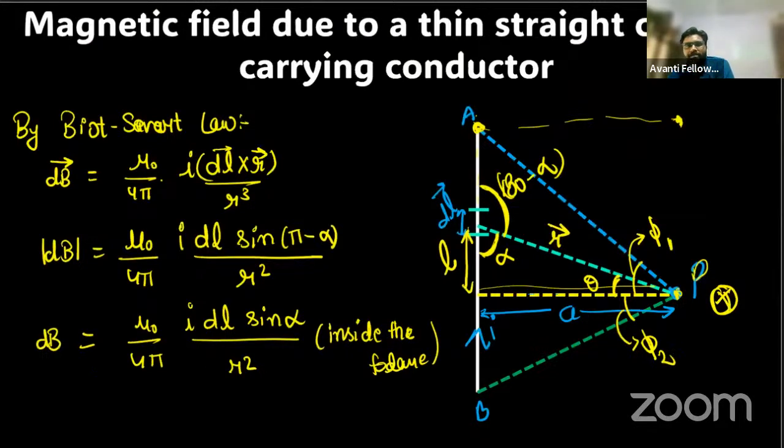If you focus on the expression of dB and integrate it, alpha is also variable. If theta is variable, then alpha will also vary. And here dl is also variable. So we have two types of variable here. So what we are going to do is superimpose these two variables into only one variable, and that should be theta.